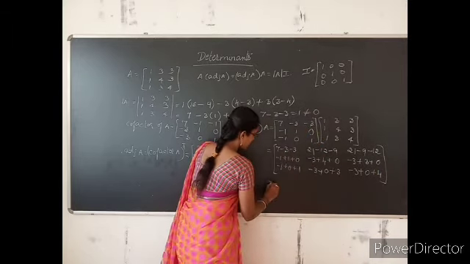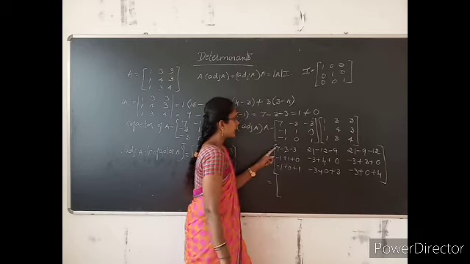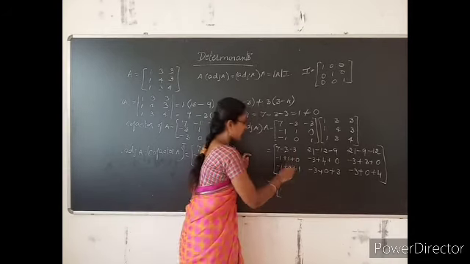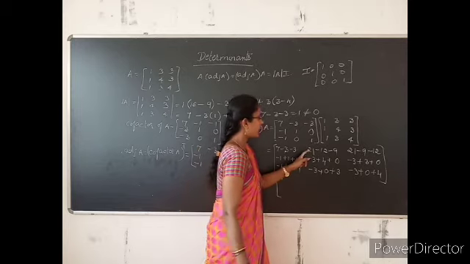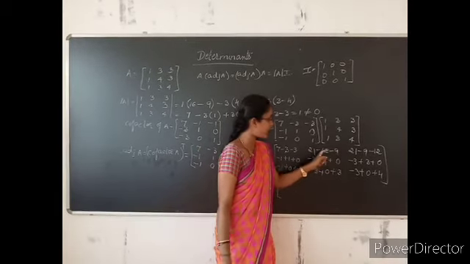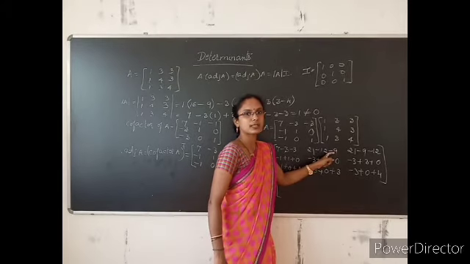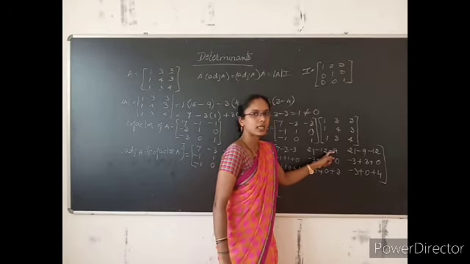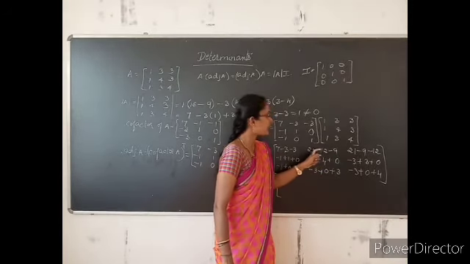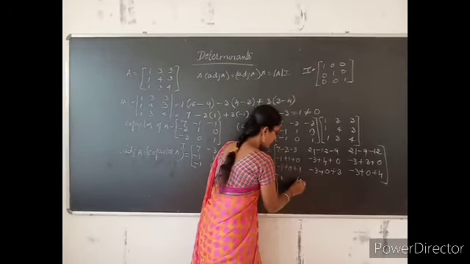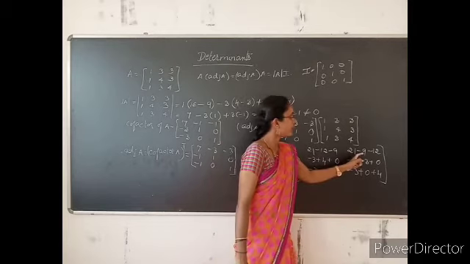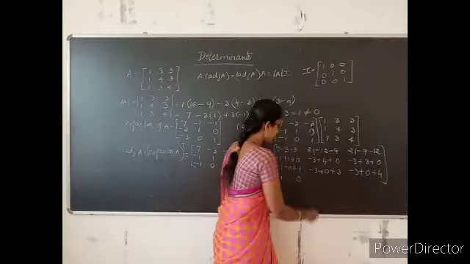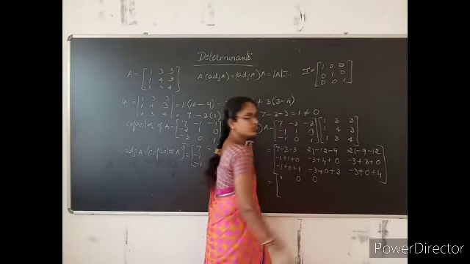So this is equal to the matrix 7 minus 3 plus 1, 21 minus 12 minus 9, minus 12 minus 9. What is the value? Minus 12 minus 9 is again 21, plus 21 minus 21. Here 0. Here 21 minus 9 minus 12, again this is 0.